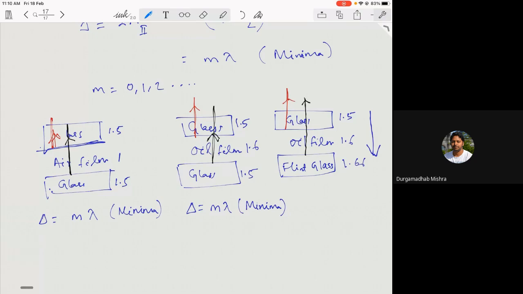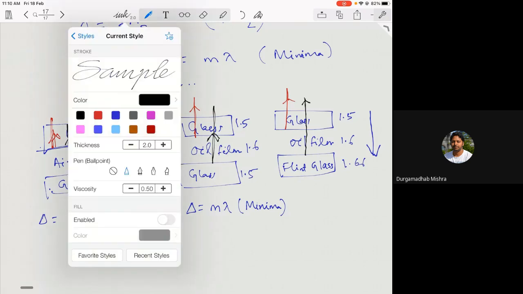Because now I have put a flint glass where the refractive index is much higher than the oil film, both waves are undergoing a phase change by pi, or an additional path difference of lambda by 2 introduced in both the waves. So the addition will again be a path difference of lambda, and we have a situation where it looks like the condition for the Young's double slit experiment.